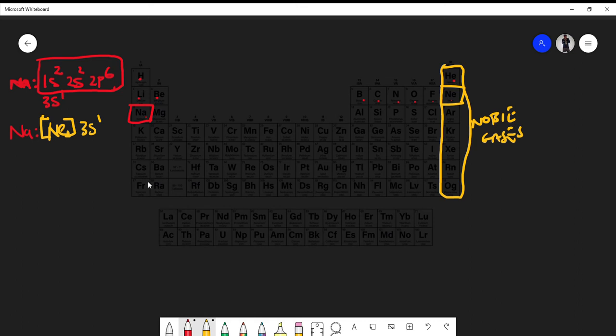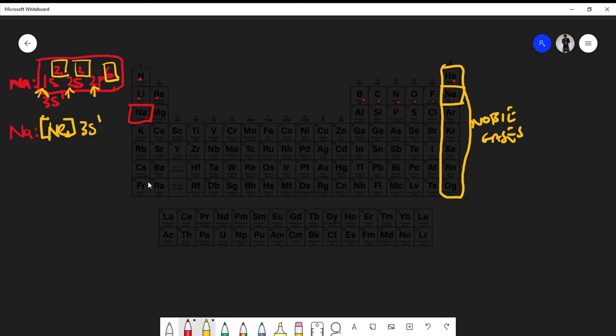Now, if you look at it, you'd say to yourself, well, how does this make sense? Because look, in our long-handed formula, these numbers correspond to the number of electrons. Remember, the s and the p correspond to the block, and these bigger numbers in front correspond to the row that we're in. So look, we have 2, 4, and 6.